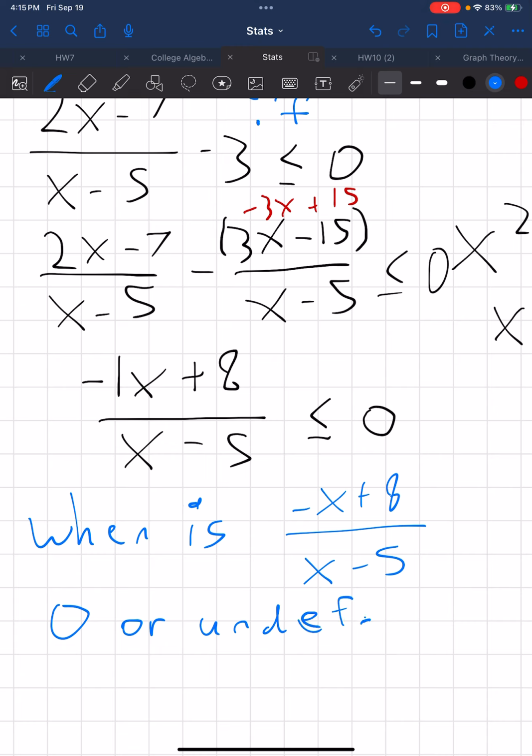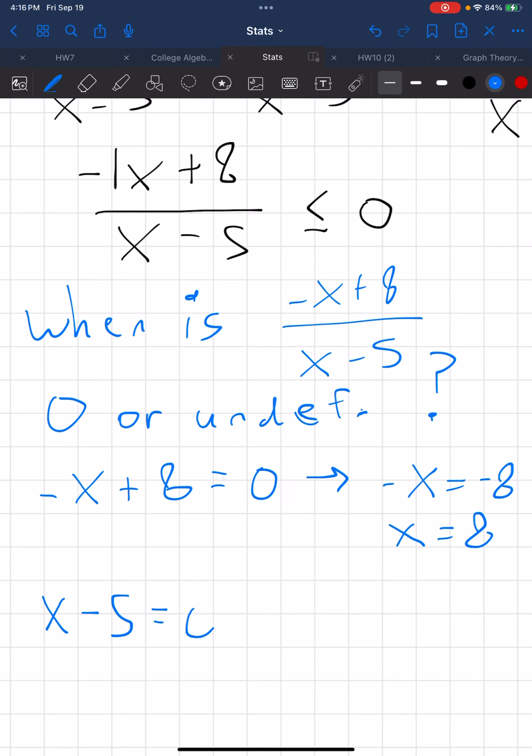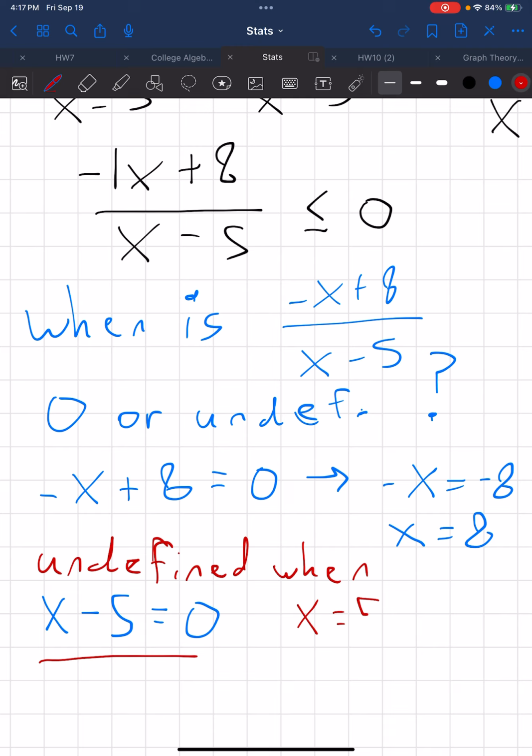And so that is where that fraction is equal to 0, but it's undefined if the denominator equals 0. It's undefined when x minus 5 equals 0, which just means x equals 5.